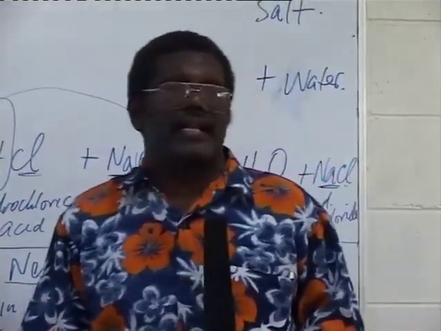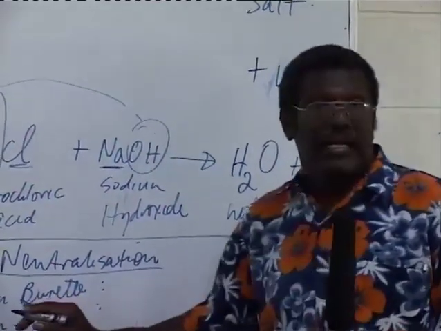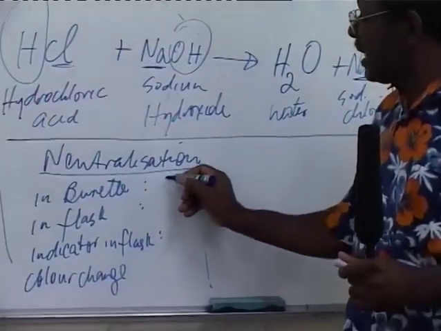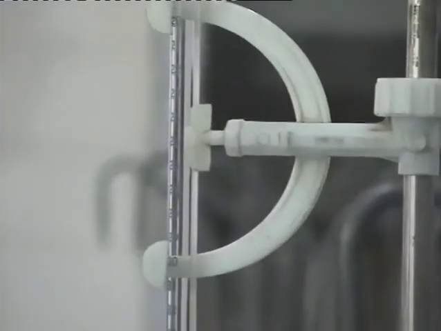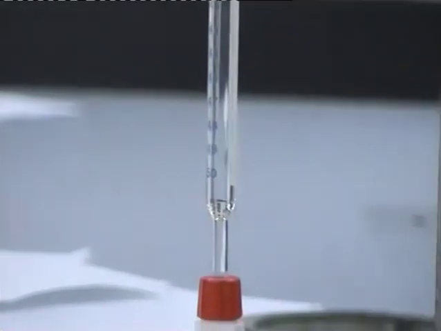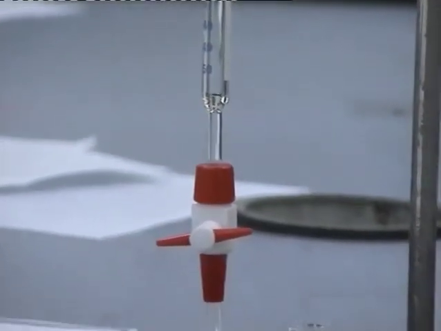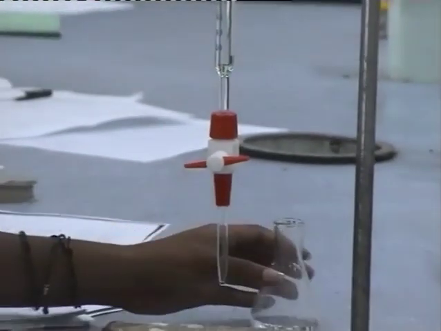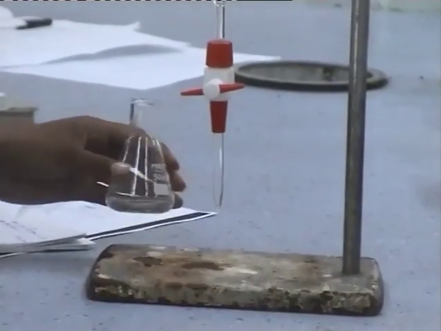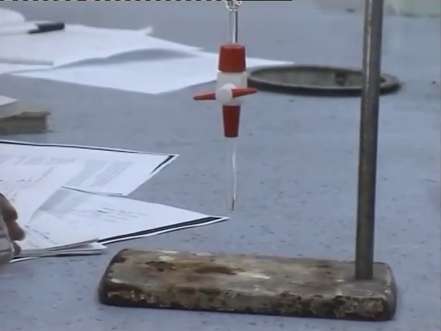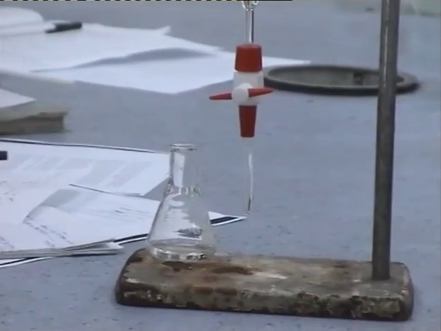Firstly, in the burette, there is an acid. I think it's HCl. It's in the burette, that's the instrument on the top. The lab technicians have put the acid inside the burette, and inside the flask is a base. I think it's sodium hydroxide. It's in the flask.